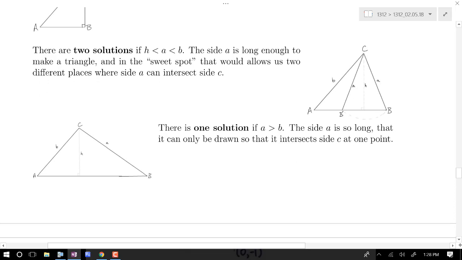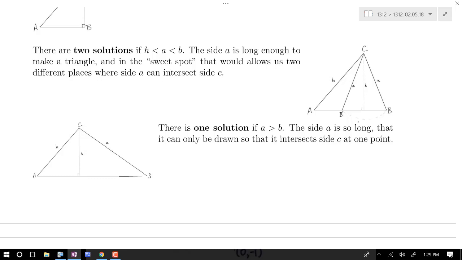The case where we can make more than one essentially looks like this figure here. So A is longer than H, right? It's what allows it to swing over here. But A is also not bigger than B. If A is bigger than B, then the only way we could do this is to swing it out this way and see where it hits. But if A is bigger than H but less than B, I could draw that side A down this side, or I could swing it over here and have it intersect side C on this side.